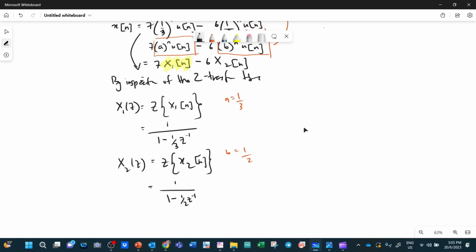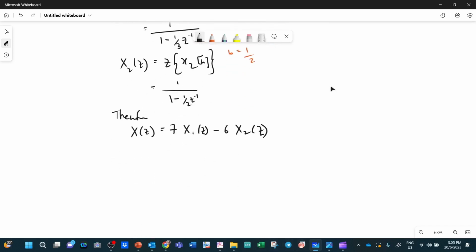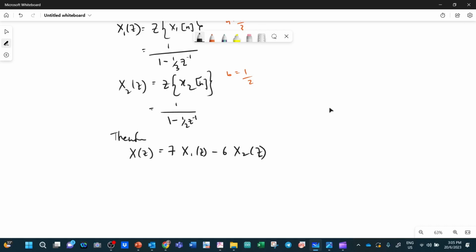So now, therefore, X(z) is equivalent to, writing out again the equation from just now, 7 X1(z) minus 6 X2(z). Substitute the values that you have: X1(z) is this one, X2(z) is this one.